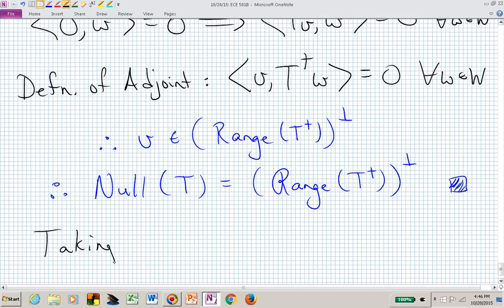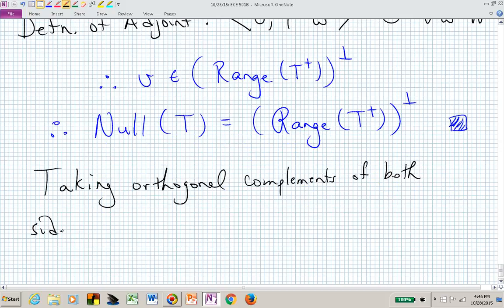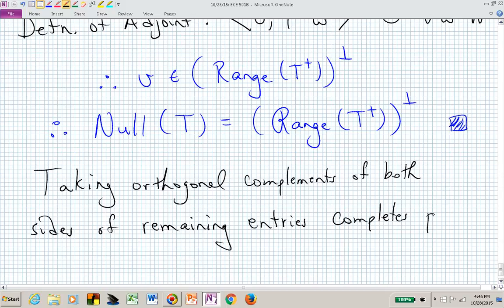Taking orthogonal complements of both sides of 2 and 4 of remaining entries brings us back to what we just demonstrated, and that then would allow us to complete the proof of that proposition.